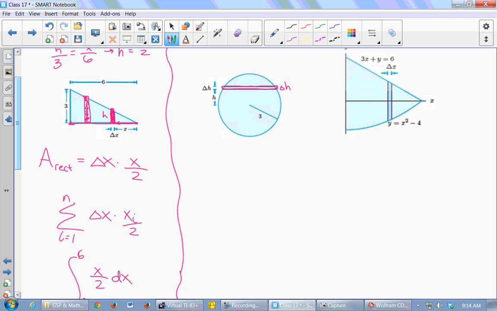So how could I figure out the length of this thing? Right, if I'm going to do length times width, width is delta h, how could I figure out its length? I can use the diameter somehow, yeah. But is this a diameter? Is that 6? Right.